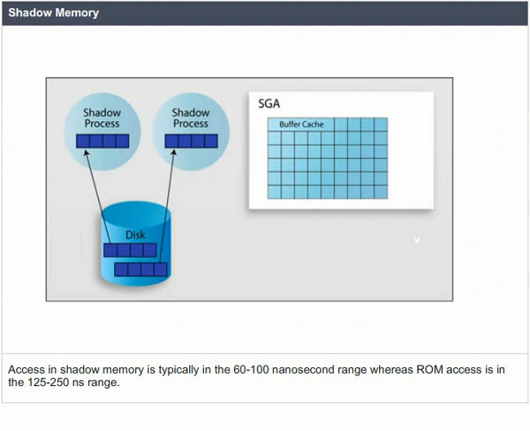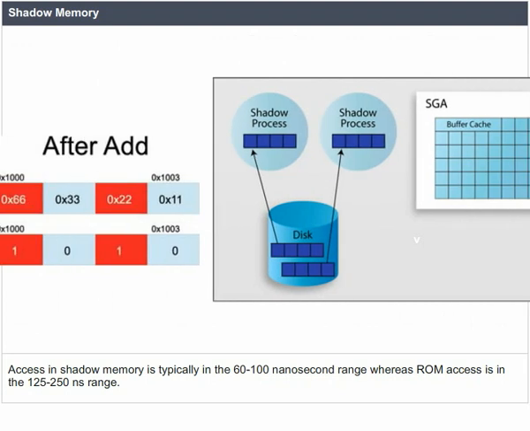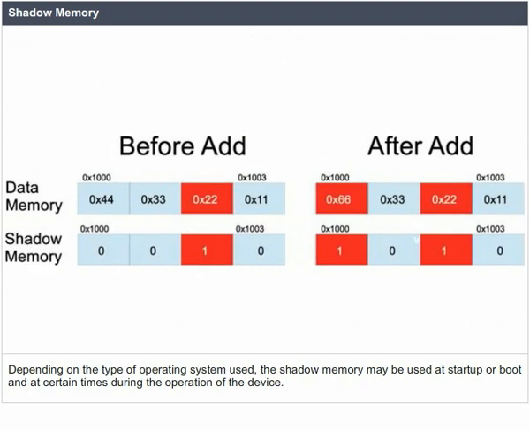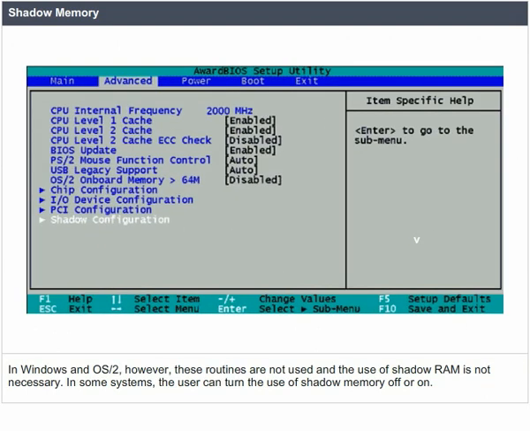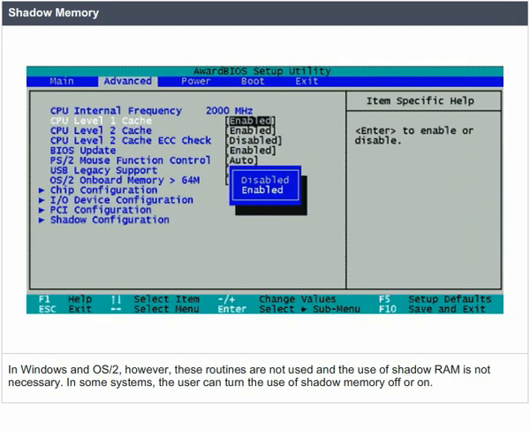Depending on the type of operating system used, the shadow memory may be used at startup or boot and at certain times during the operation of the device. In Windows and OS/2, however, these routines are not used and the use of shadow RAM is not necessary. In some systems, the user can turn the use of shadow memory off or on.